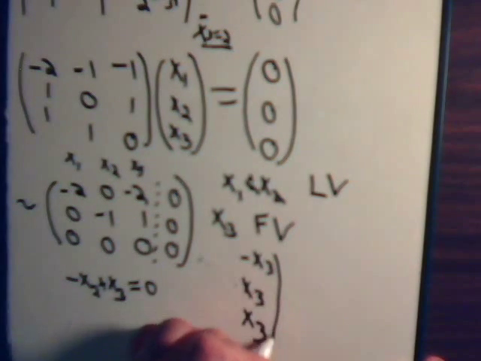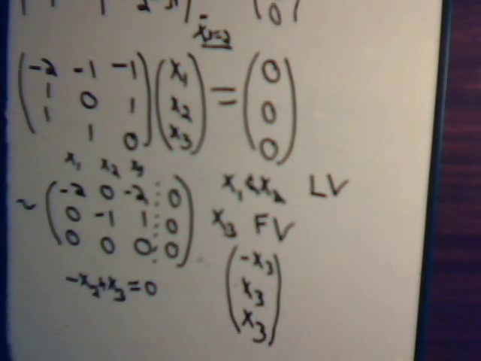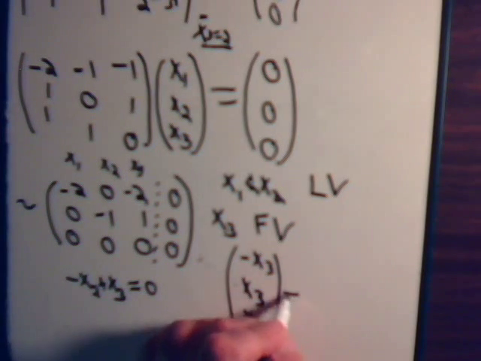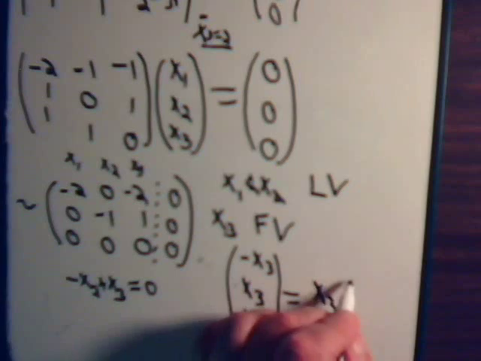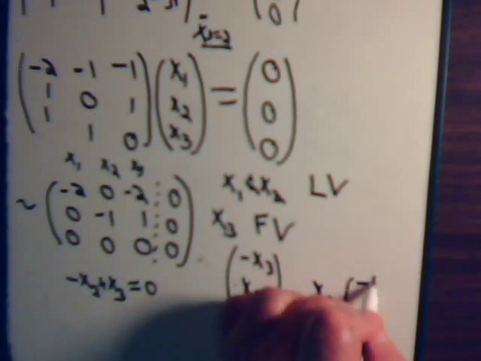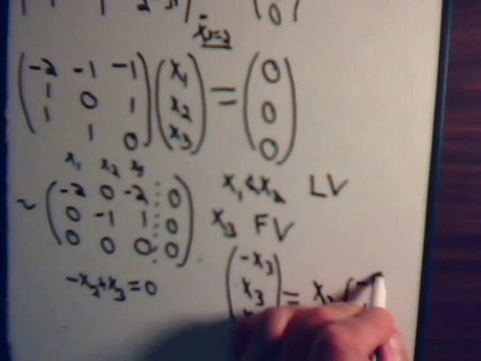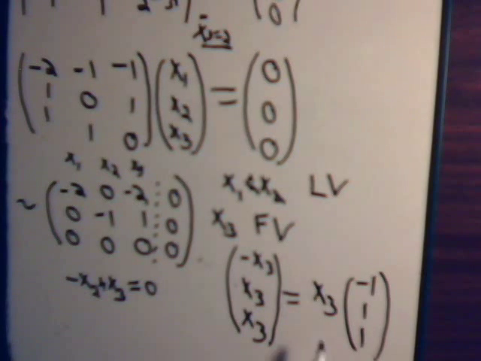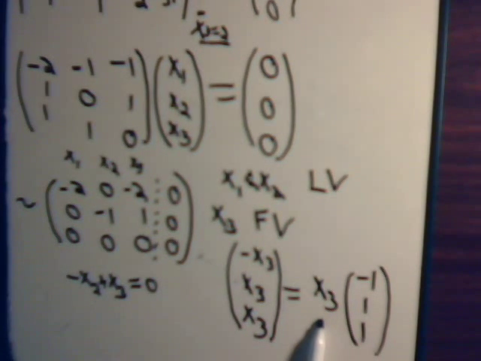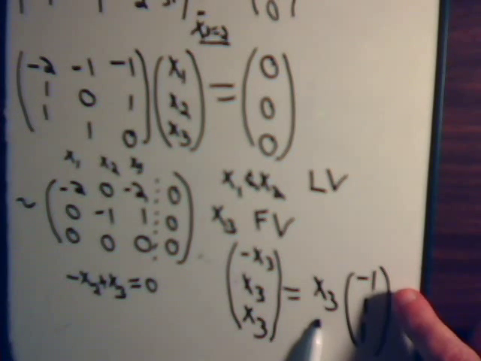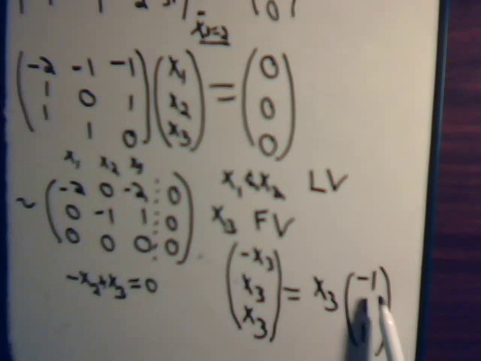So this is the eigenvector when lambda equals 2, and we can factor out the x3, and we have minus 1, 1, 1. x3 is a free variable. It can take on any value, so we can have it just equal 1. The corresponding eigenvector then when lambda equals 2 is minus 1, plus 1, plus 1.